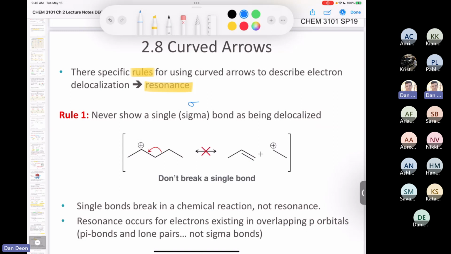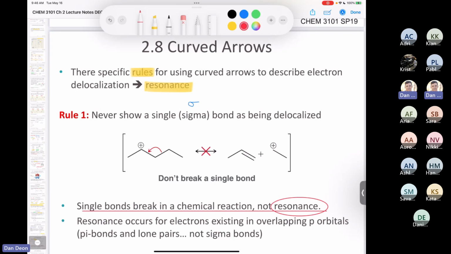What are we talking about? Resonance. We're showing the delocalization of electrons. Reactions is for another day. So again, single bonds, those are what break in reactions. And we are not talking about reactions. We are talking about resonance today. So we're never going to break any single or sigma bonds.